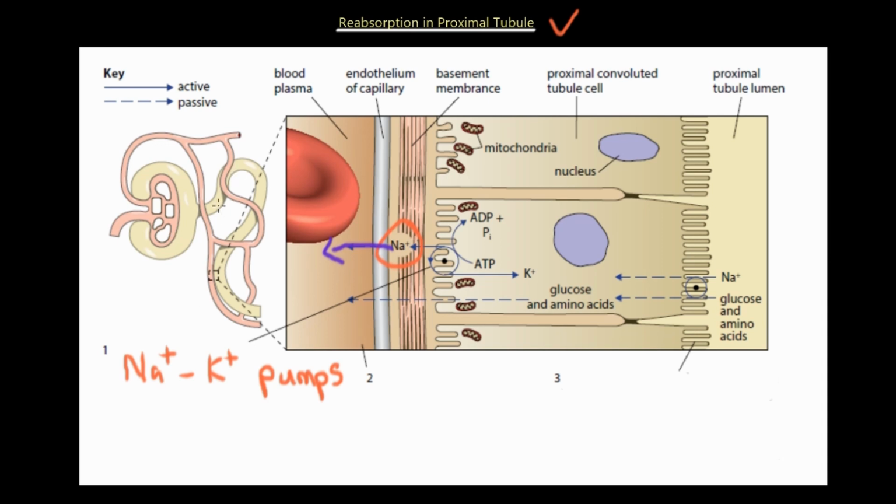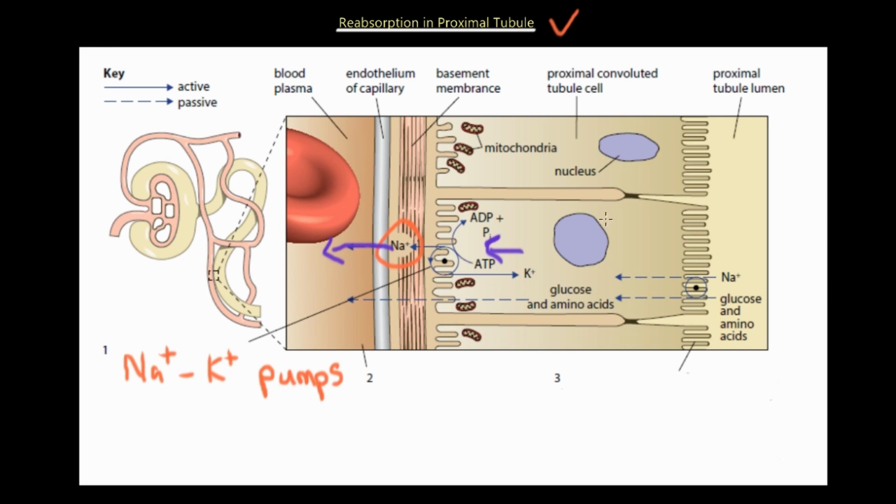So there are going to be veins and blood vessels running all around the proximal tubule and the rest of the nephron as well, where reabsorption will be happening and it will be taken up into this blood vessel. So the sodium will be continuously removed out of the filtrate through this mechanism.